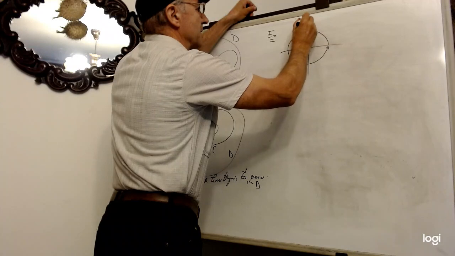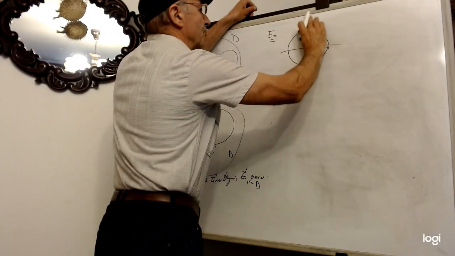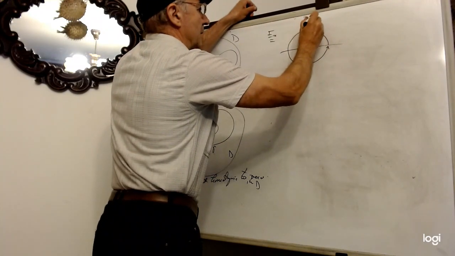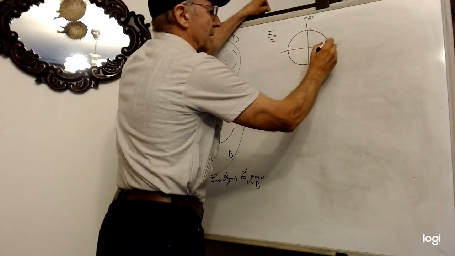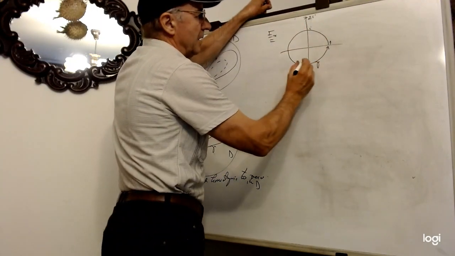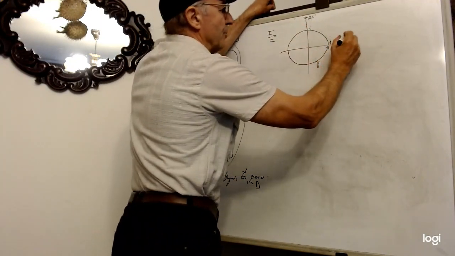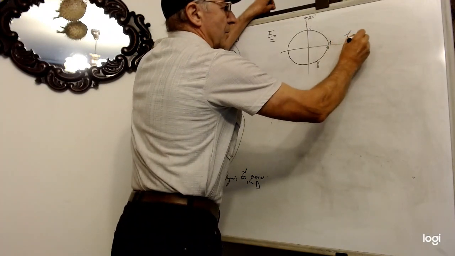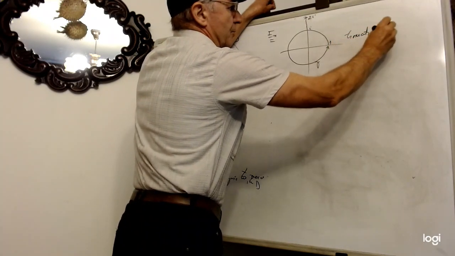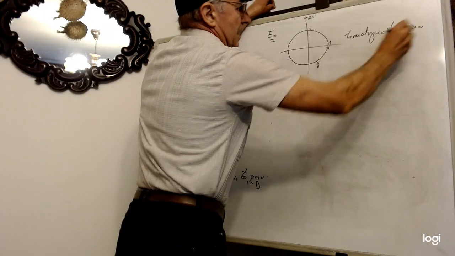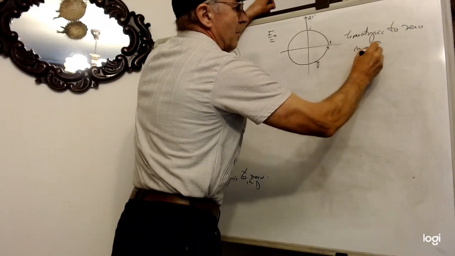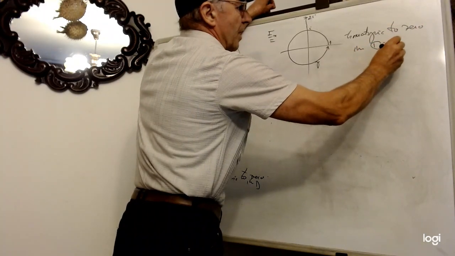Here is I, no, not I, 2I. I is here, 1. Gamma is homotopic to 0 in C minus the point 2I.